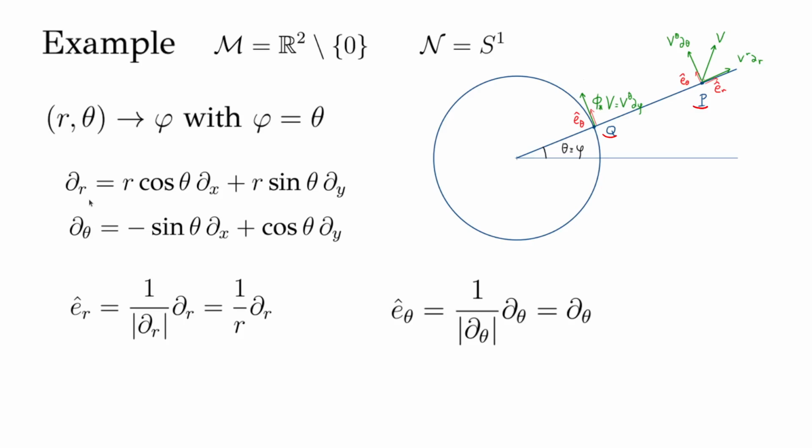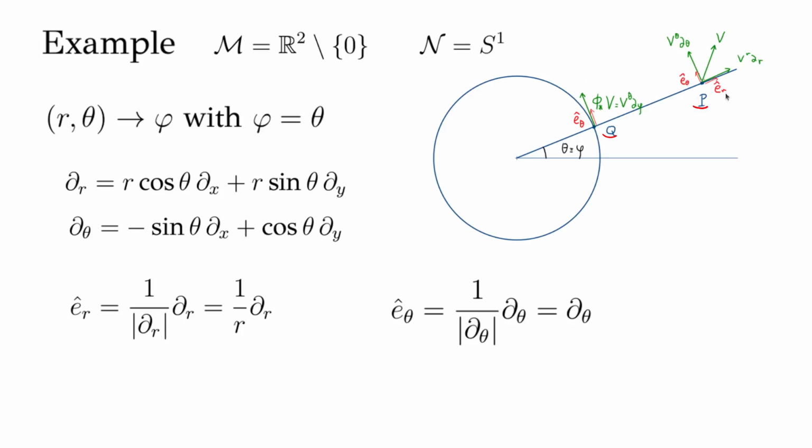Then we can remember the elementary relation that connects the coordinate vectors dr and d theta to the unit vectors, the Cartesian coordinate vectors dx and dy. From this relation here, we see that dr is not a unit vector, but has modulus equal to r, but d theta is a unit vector. In that case, the unit vector E_r of the manifold M is 1 over r times dr, whereas the unit vector E theta is equal to d theta.